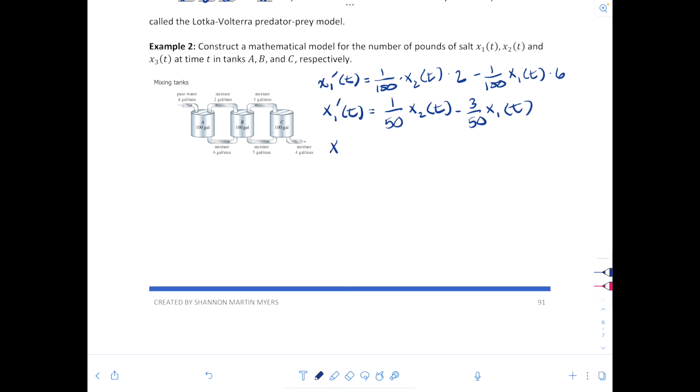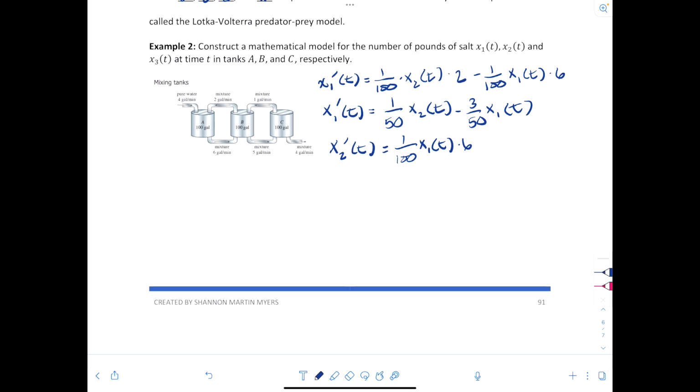Now, x2 prime at t will be, so we've got x1 coming into tank B, and that's coming in at a rate of 6 gallons per minute. So we've got 1/100th times x1 at t times 6.